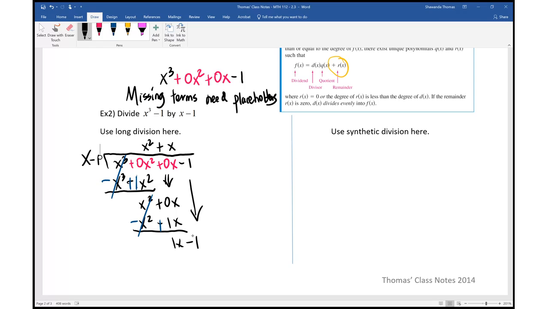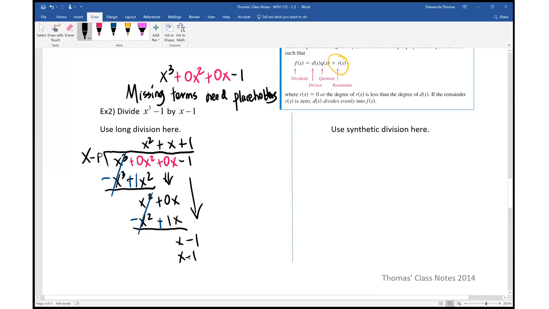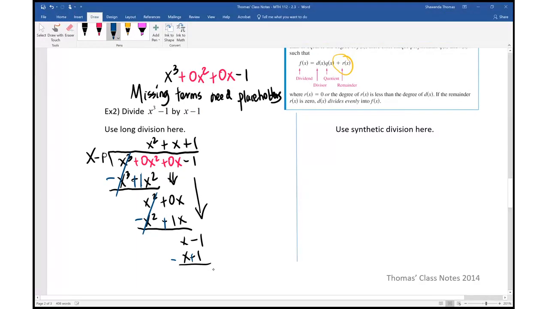Then we start over. X times what is x? All right, so notice our answer, our quotient is going down in descending order. So we notice we are missing a term, a constant here. So that's 1 times that. So that's x minus 1. And then we are going to change signs, and we have a 0 remainder.